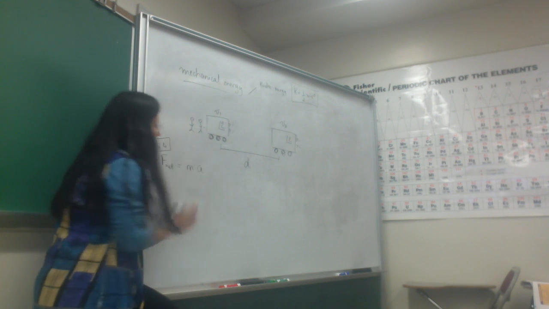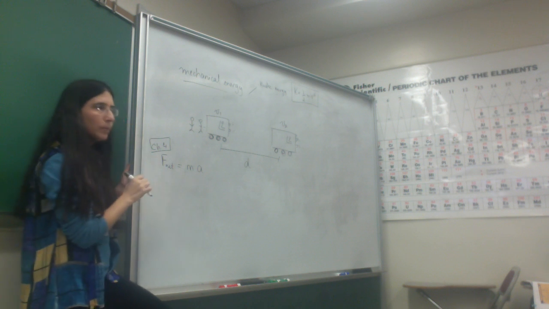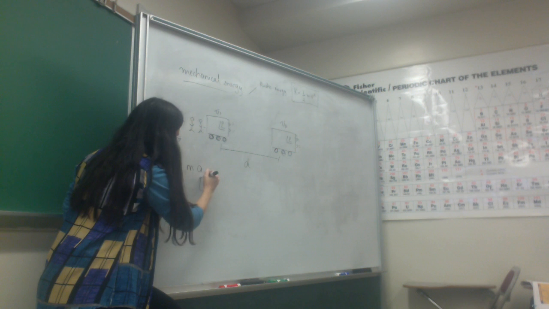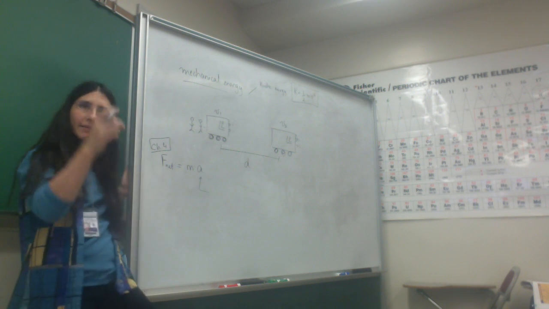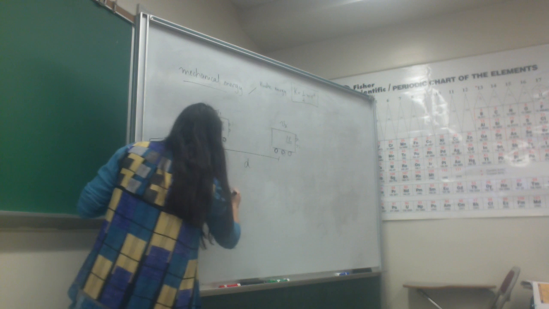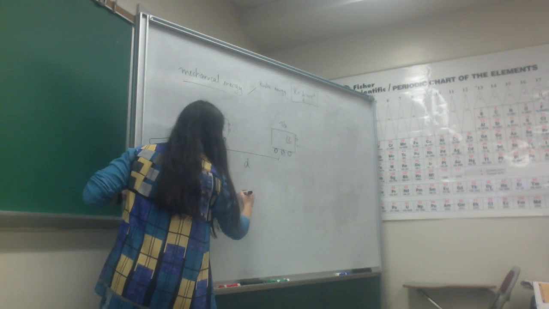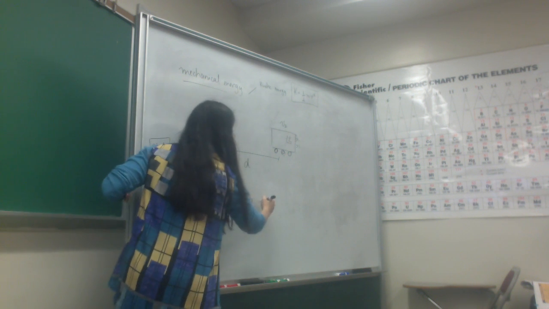But suppose I don't have a, but I know v1 and v2 and this displacement d. How can I find this a? Isn't that like Chapter 2, v squared over displacement? Okay, very good. So I know that v2 squared is v1 squared plus 2a delta x, which is the d here.